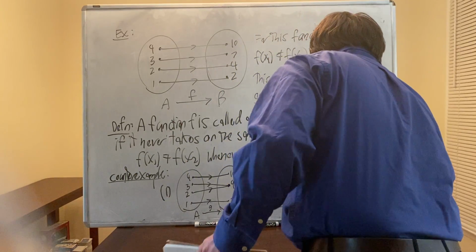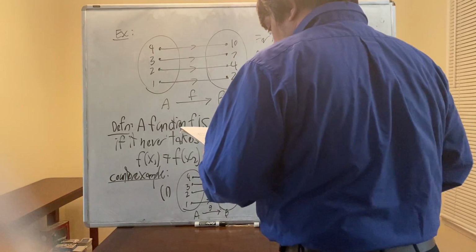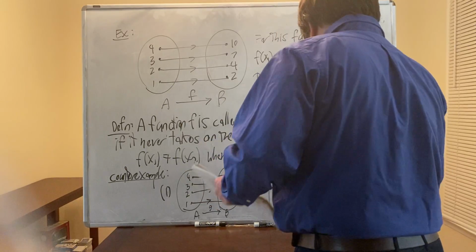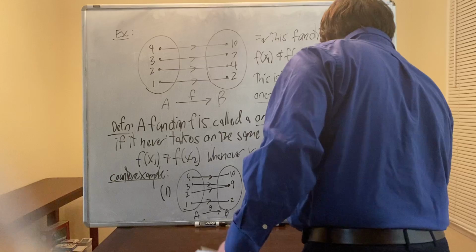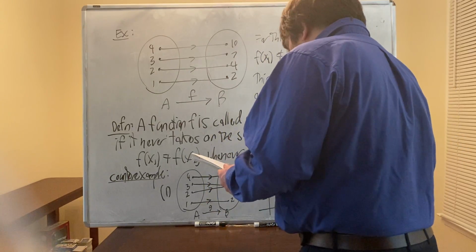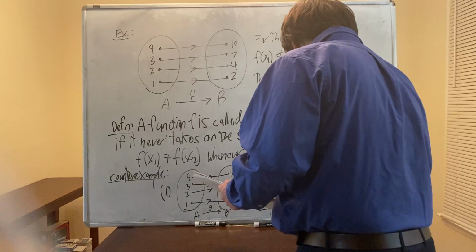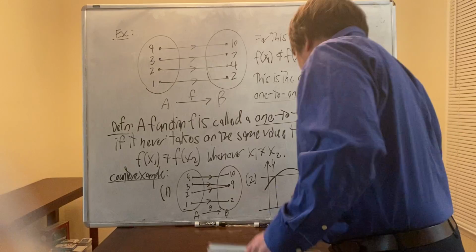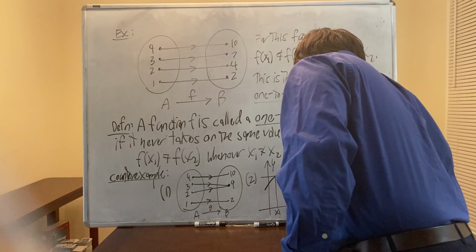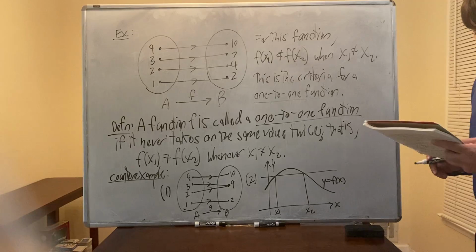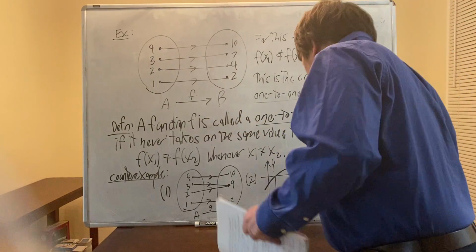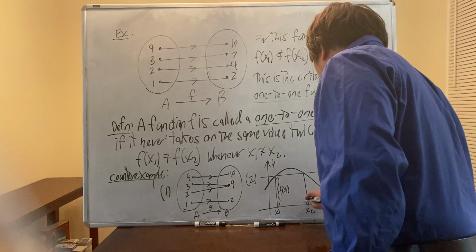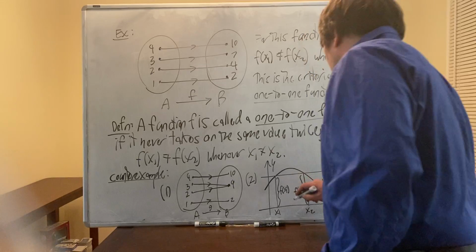If you have a graph here, x-axis and y-axis, y equals f of x, then when you take the height here and the height there, the height of that point is f of x1, and the height of this point is f of x2, right?